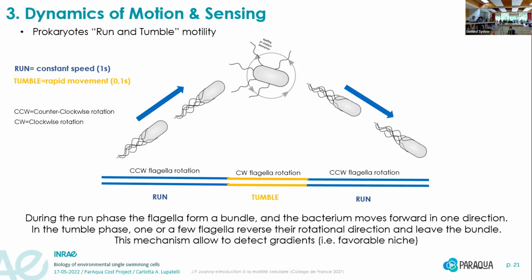This run and tumble allows the organism to move around, but also to go in the direction or away from a particular stimulus, which we will see later, which kind of stimuli they can sense. So they can move towards or away from it.